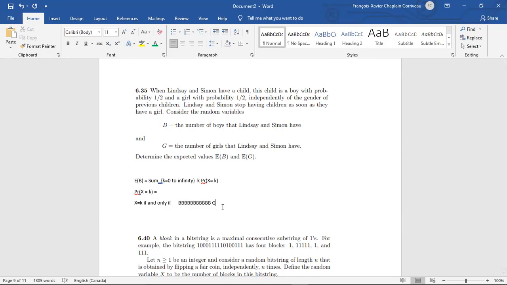So now what is that probability? That's easy to deal with. That's a half times a half times a half, k times, so 1 over 2 to the k, times a half for getting the girl. We cannot forget about the girl.